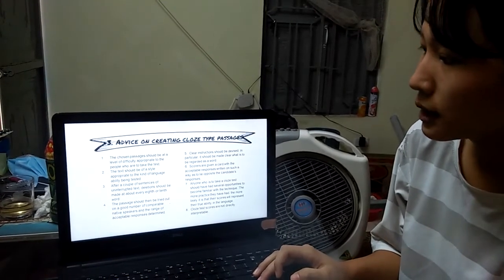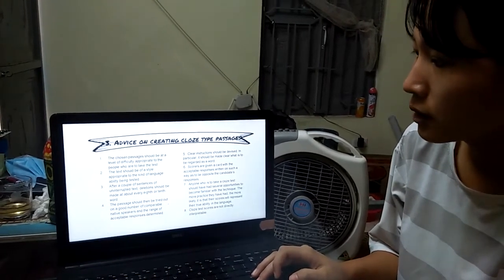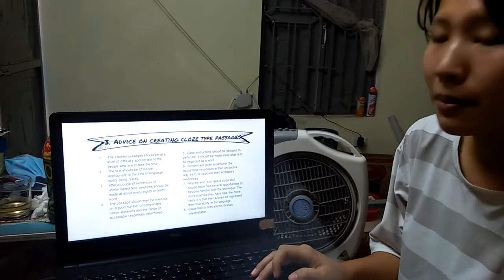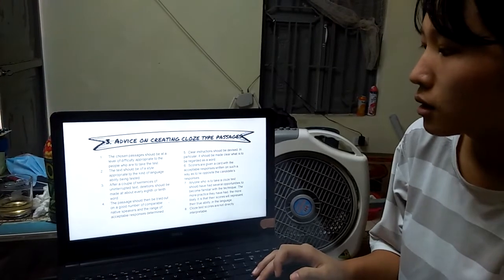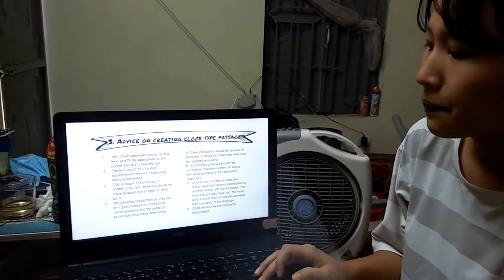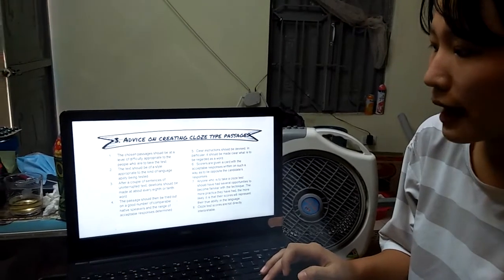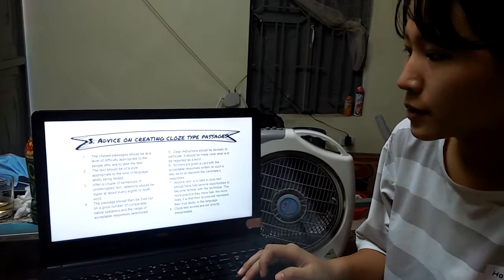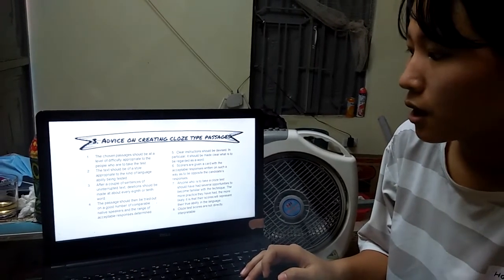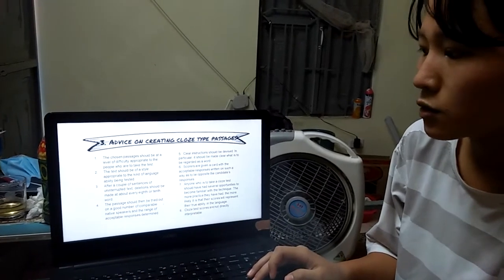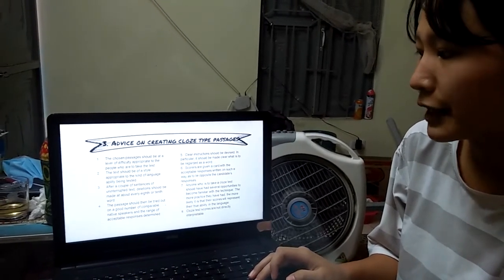Next, clear instructions should be devised. In particular, it should be made clear what is to be regarded as a word. Scorers are given a card with the acceptable responses written in such a way as to line up with the candidate's response.